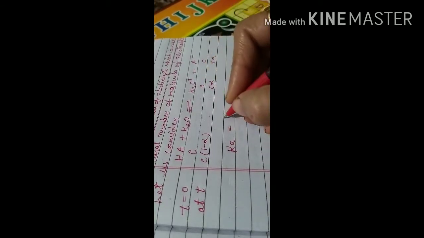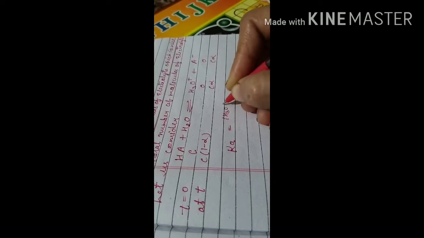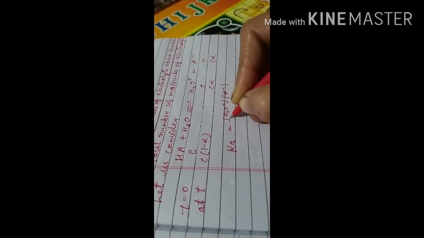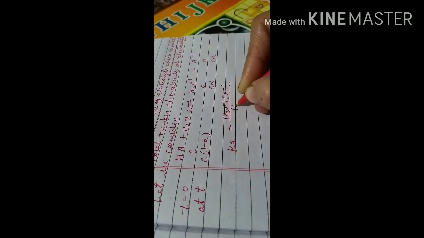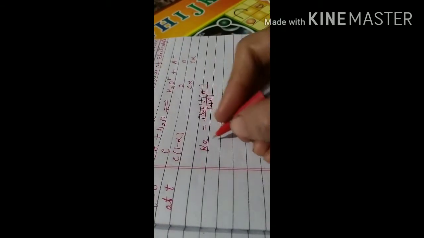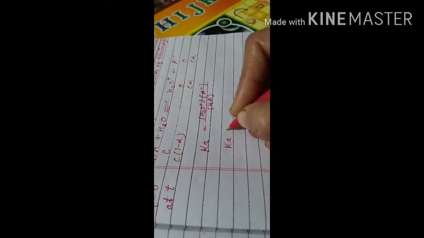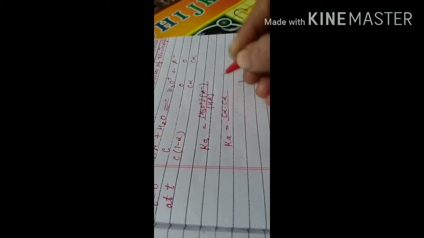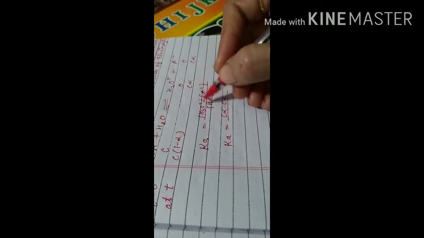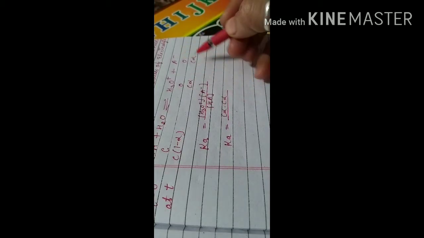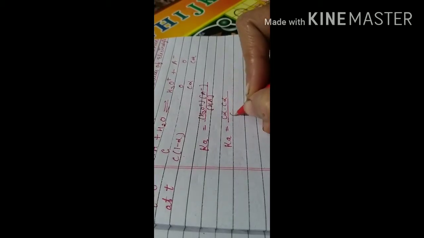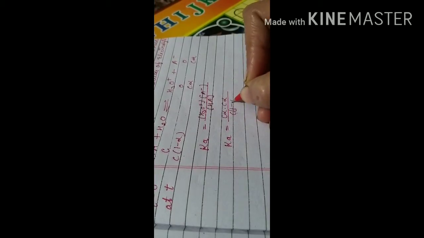The molar concentration of the products, H3O positive and A negative, divided by the molar concentration of the reactant HA. So Ka equals C alpha into C alpha, the molar concentrations of H3O positive and A negative, divided by C(1 minus alpha) for HA.